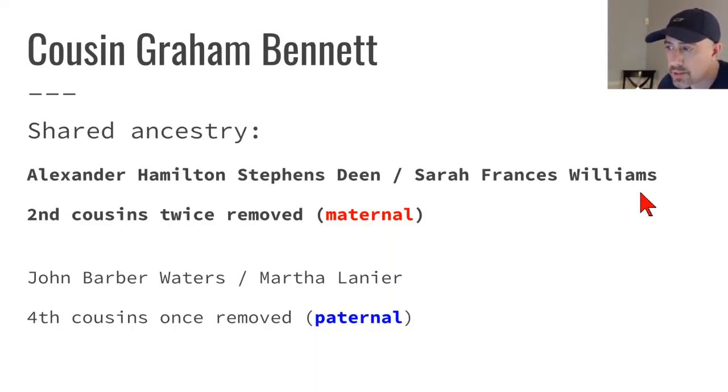through two different common ancestral couples. We were related through Alexander Dean and Sarah Williams on one of my maternal lines, and I found that we are related through John Barber Waters and Martha Lanier on one of my father's lines. And so the paternal relationship is a fourth cousin once removed relationship, and the maternal relationship is a second cousin twice removed relationship.